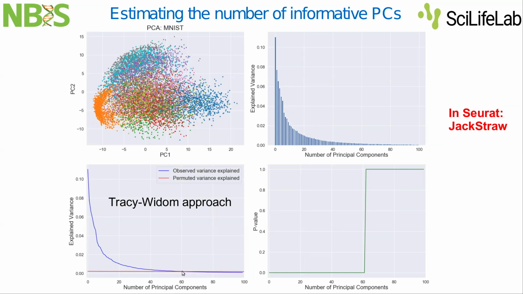So you can say that principal components starting from PC60 explain variance below the noise level, below what can be explained by chance, on a shuffled matrix. And you can even do a statistical test, compute a p-value, and see this sudden jump around 60. This can give you a good number of principal components to keep for your downstream analysis.